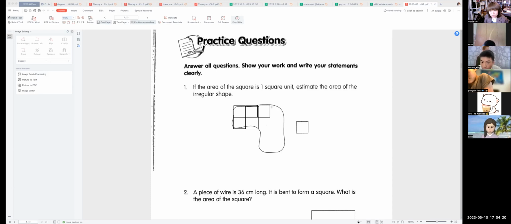Five, six, seven, eight, nine, ten, eleven, twelve. Get it, everybody? It's about like that, okay? It doesn't have to be particularly right. So 12 will be the best, okay?